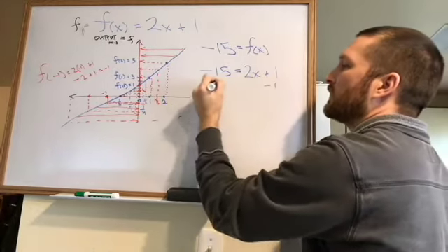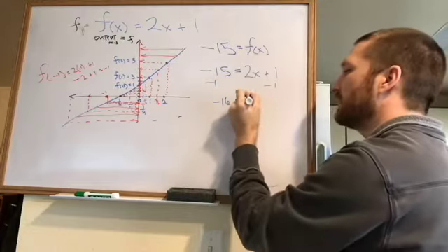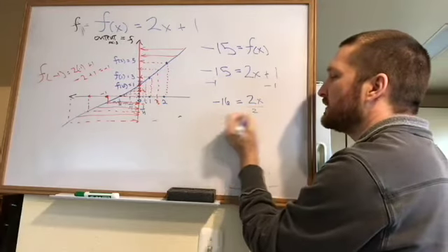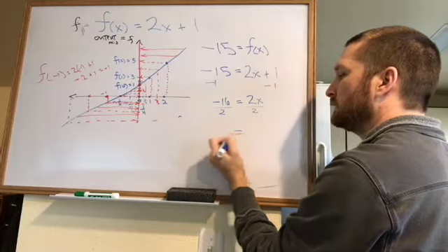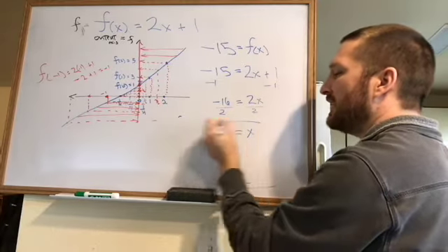Minus 1 from both sides, we get negative 16. I'm so glad I chose an odd number to start with. That's nice. And I could say, okay, divide both sides by 2. X is negative 8. And I'd say, no, there is a value.